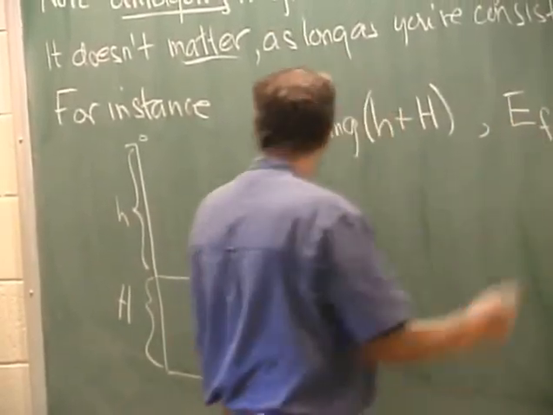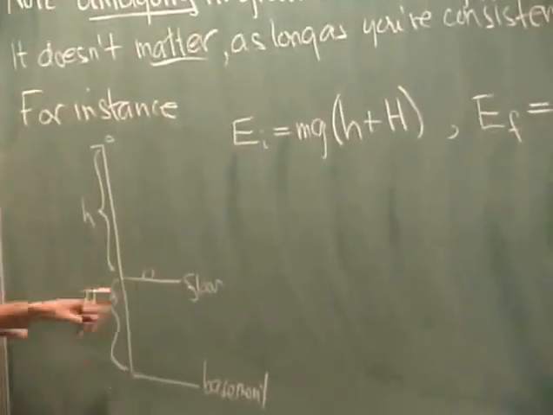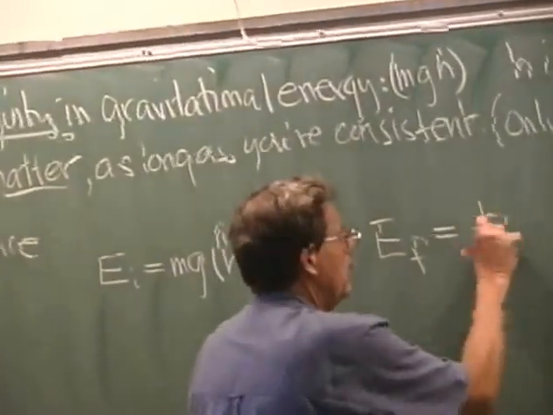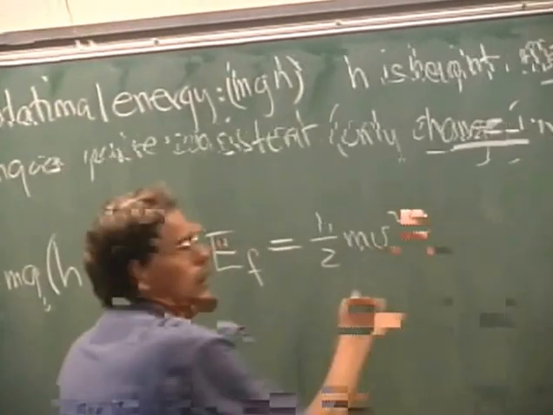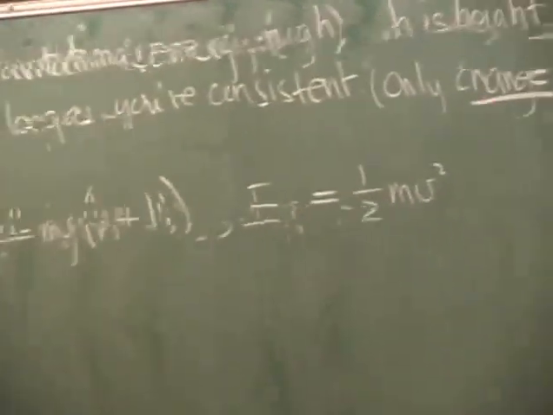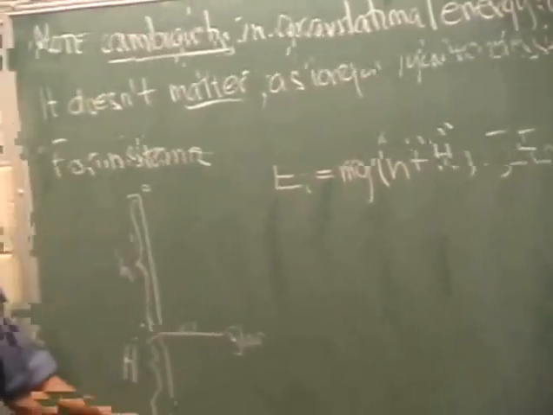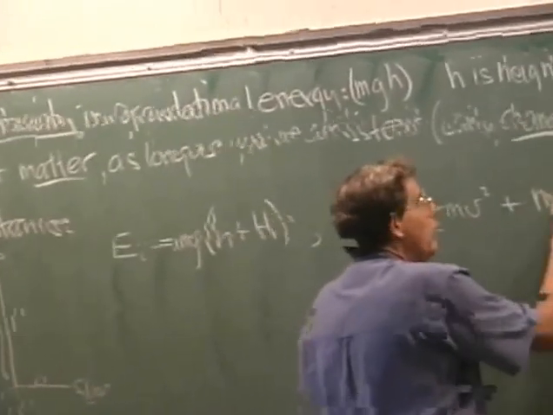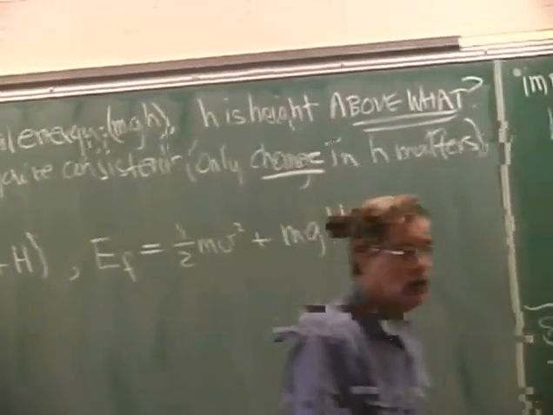The final energy when I hit the floor is kinetic energy, but it's also gravitational energy now, because it's still elevated.